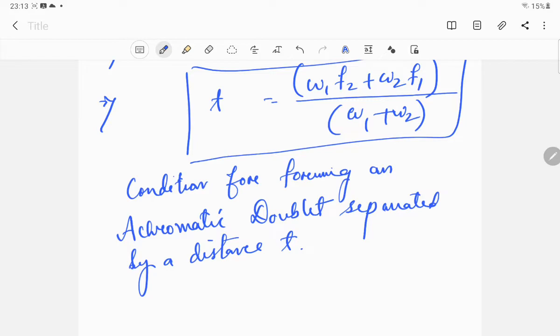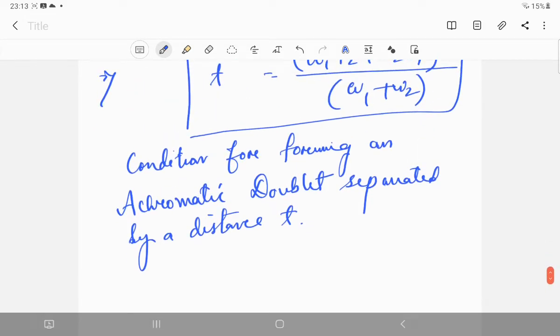Okay, so this is a condition for achromatism for a system of two lenses separated by a distance.